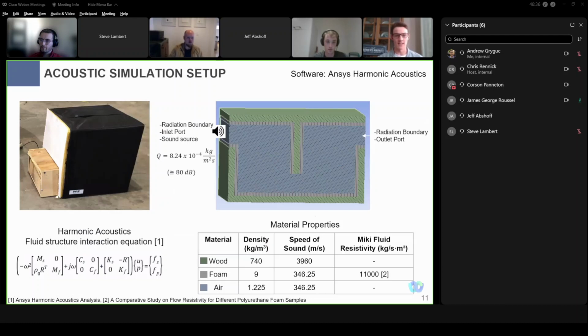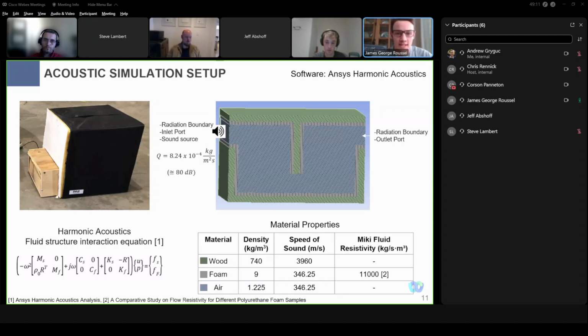So here's the setup for the acoustic simulations that we used. The software we used for this was ANSYS Harmonic Acoustics. The equation that it uses is seen in the bottom left there, the harmonic acoustics fluid structure interaction equation, which really allows us to do exactly what we want: see the interaction between the air and the box that we're using, and then get a full sound reduction from the inlet to the outlet ports of the device.